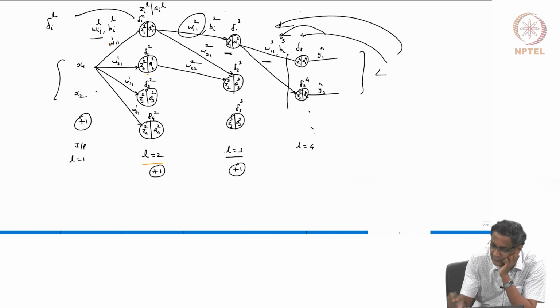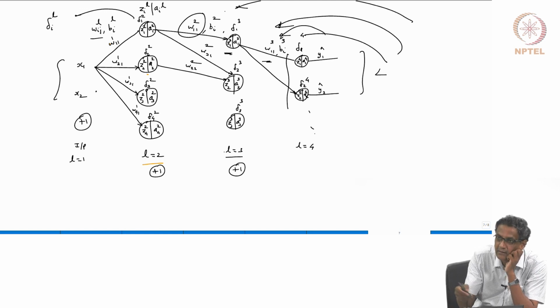So if I want, let's say, b_i2, then what will I do? I'll say ∂L/∂z_i3 into ∂z_i3/∂b_i2, which then means that I'll again write delta whatever. So I'll get delta_3, and the other term is again 1.